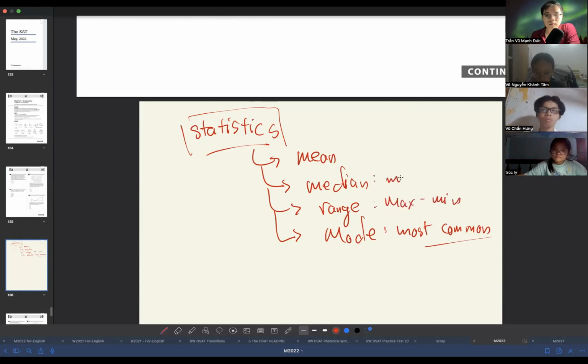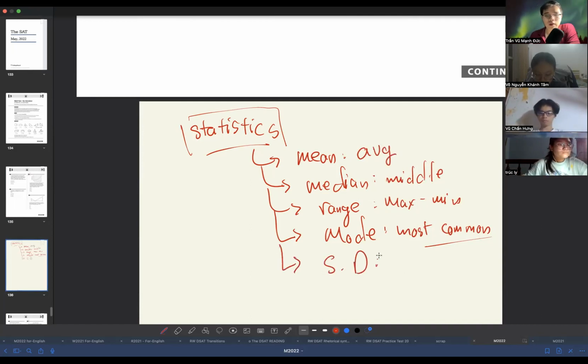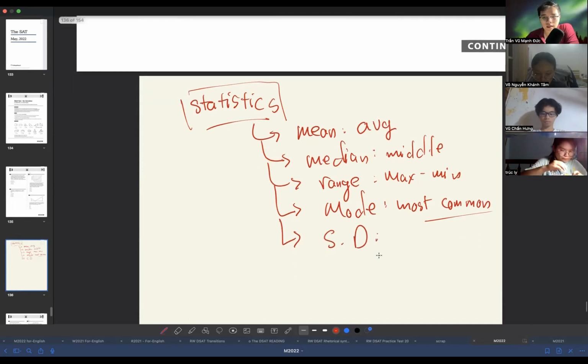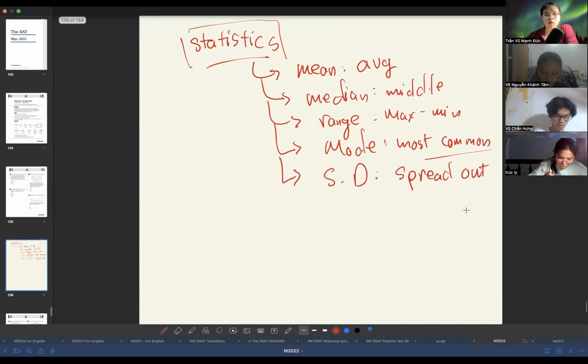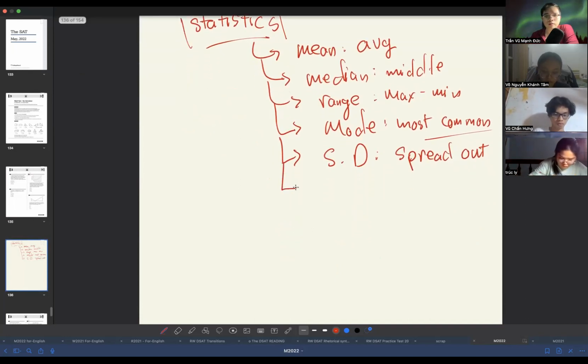Median, the middle. Mean will be the average. And standard deviation, I will shorten it as SD, will be the spread out. Okay, spread out. And what else? Oh, also range.